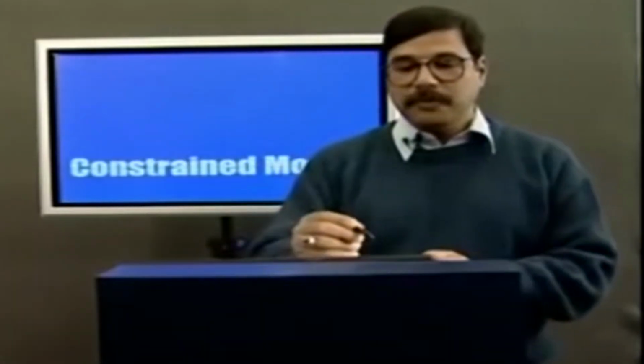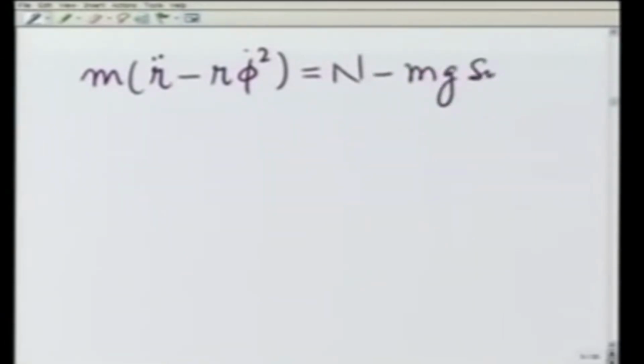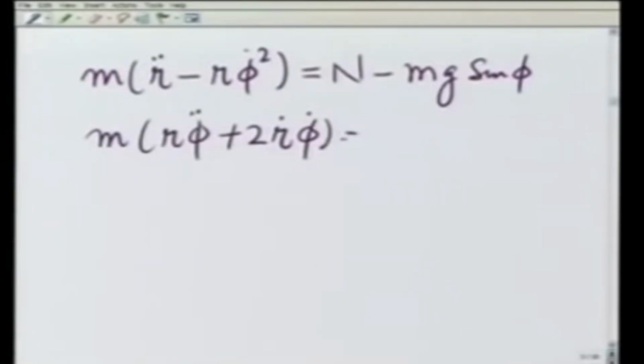So the equations of motion that I have gotten are m times r double dot minus r phi dot square equals N minus mg sine of phi, and m times r phi double dot plus 2 r dot phi dot is equal to minus mg cosine of phi.